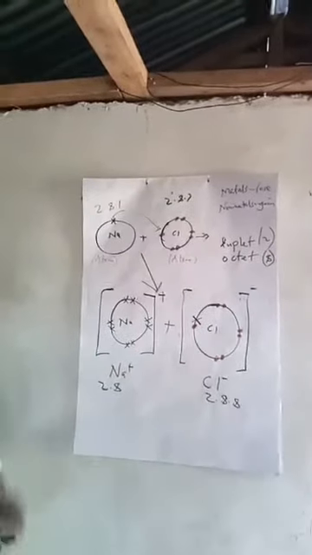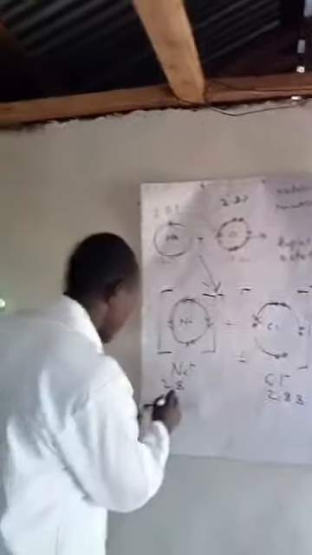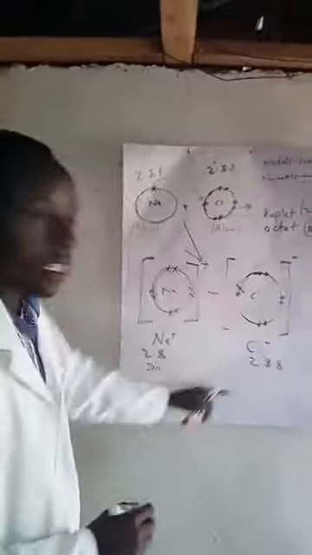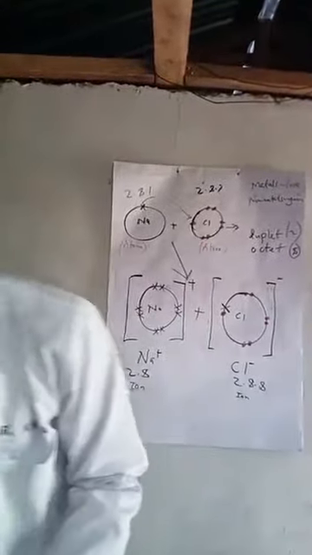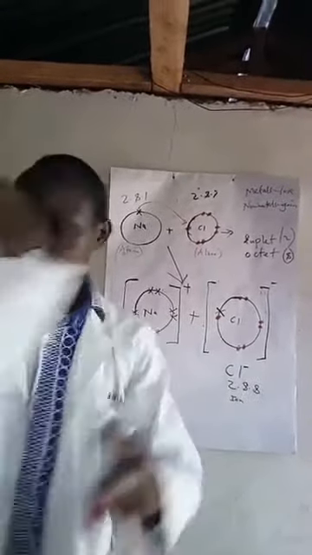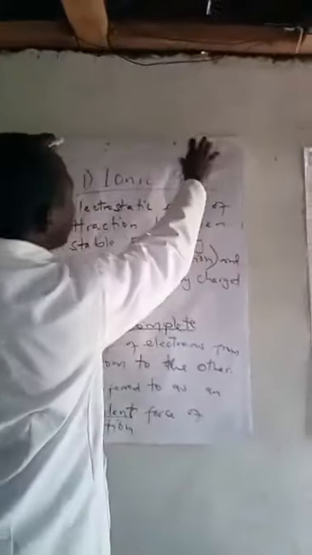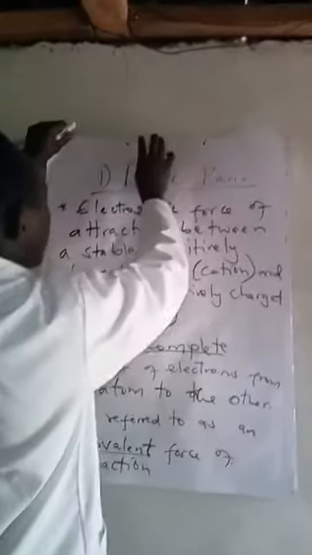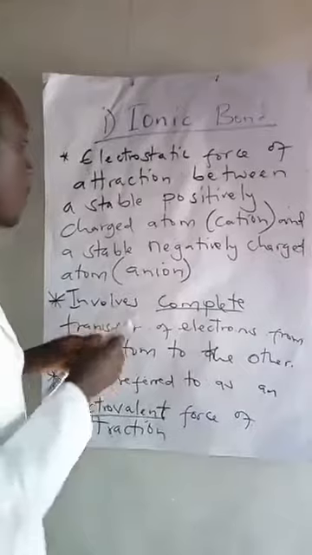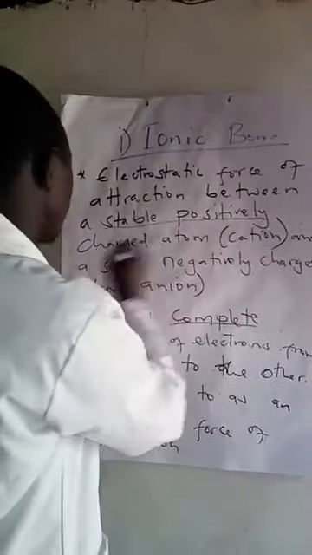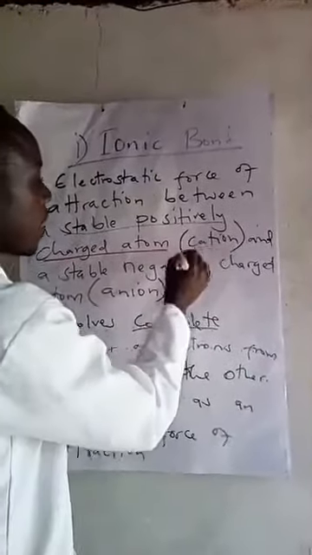I hope that one is clear. So this is the sodium atom, the chlorine atom. This is the sodium ion. This is the chloride ion also. You remember in our initial discussion, we said a stable positively charged ion is called a cation.